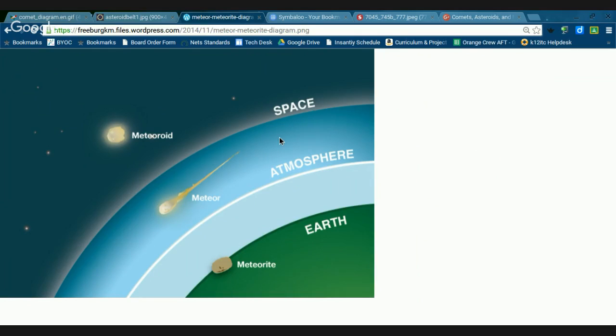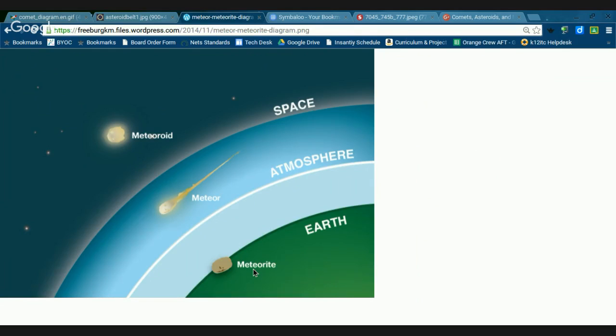Okay. The last one, meteorite, down here. Once the meteor has passed through the atmosphere and hits Earth, it is now considered a meteorite. So the definition of a meteorite is it's a meteor that has hit the Earth. Or you could say it's a meteoroid that has hit the Earth. You would technically not be incorrect if you said either one.